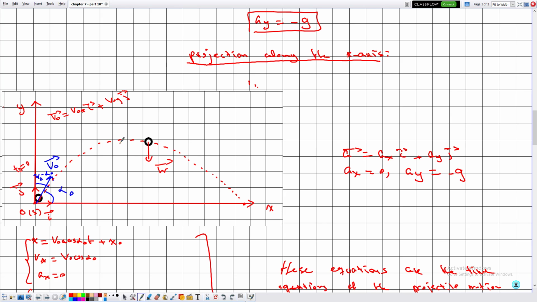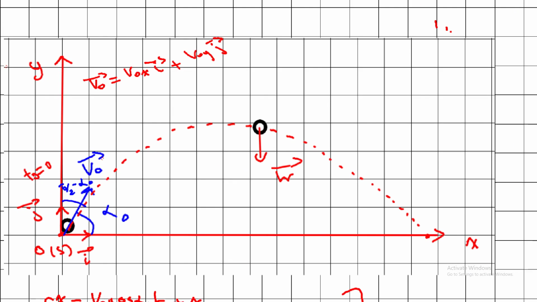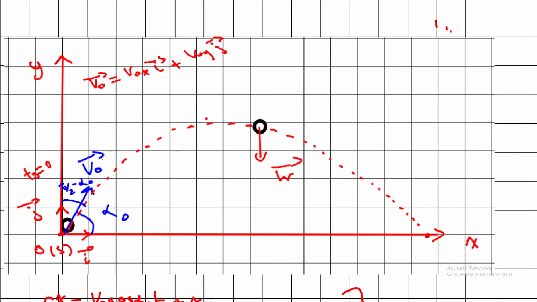Okay, so the maximum height. At any instant t or at any instant along the trajectory, the height or the vertical distance is defined by the distance from the horizontal level to the peak.